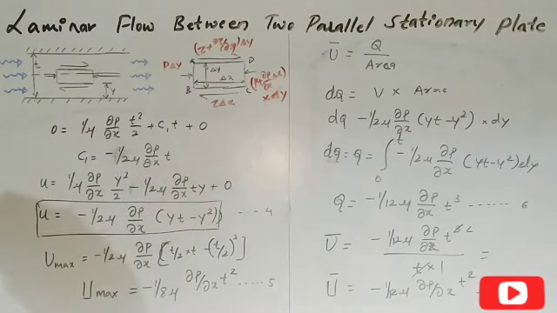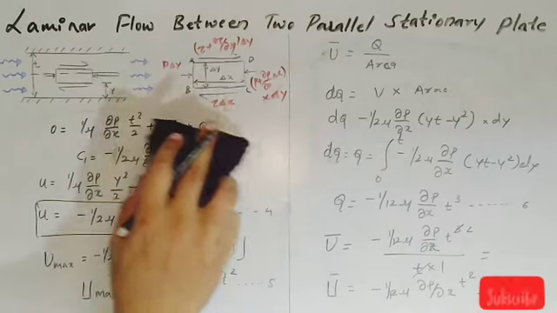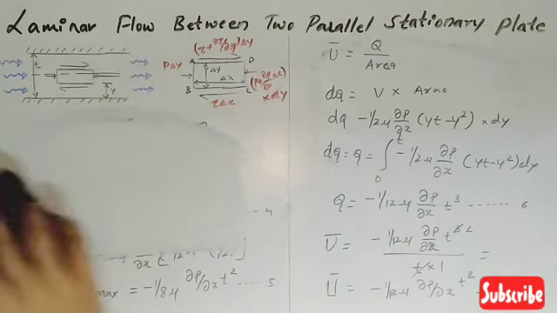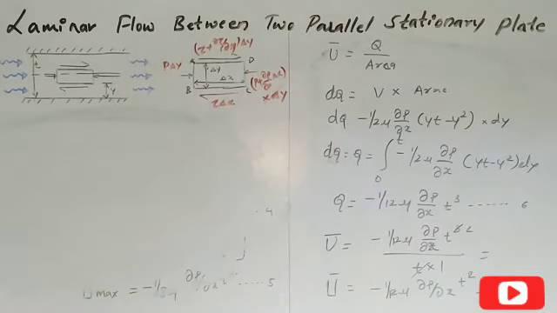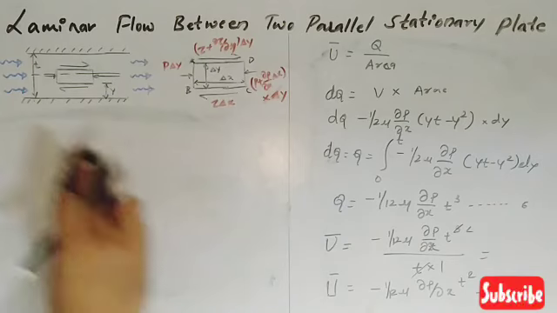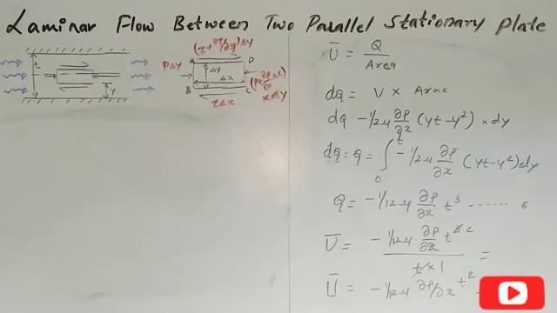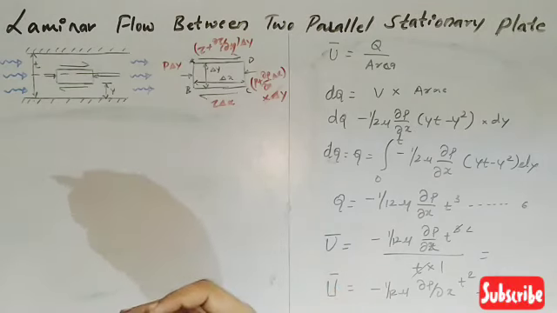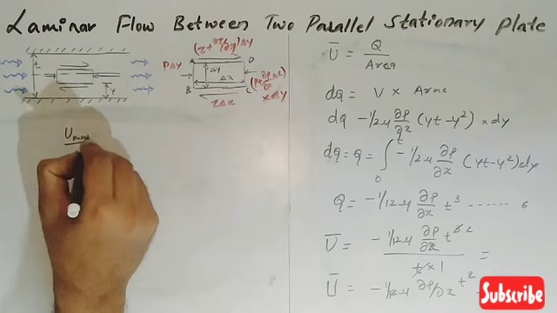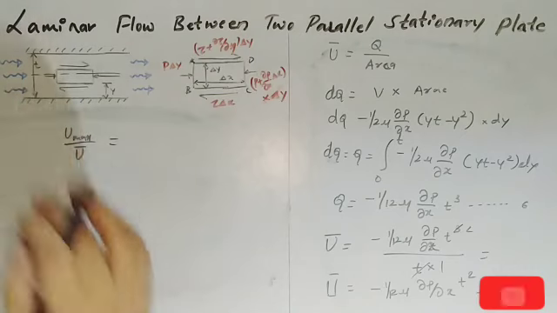Now the ratio, I will erase this one. As we have calculated previously for flow through the pipe, the ratio of maximum velocity to the average velocity was 2. Now let us calculate the ratio of maximum velocity to average velocity in this flow.